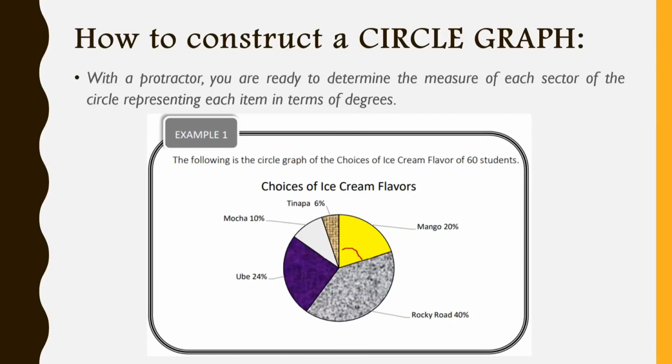The same for the others. For the Rocky Road, it is 40%, multiplying it by 360. Our result a while ago is 144. It means that this angle measures 144 degrees. And as I have said a while ago, the total measure of these angles is 360 degrees.